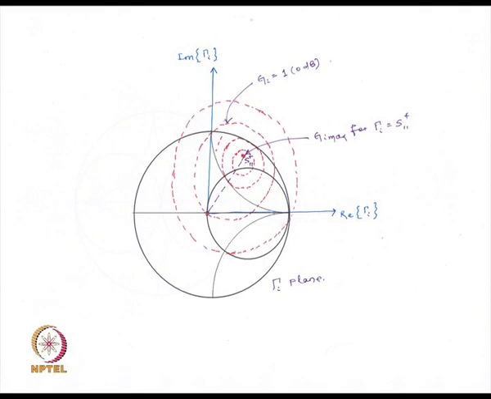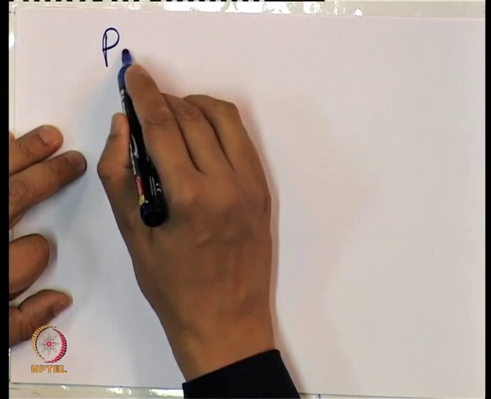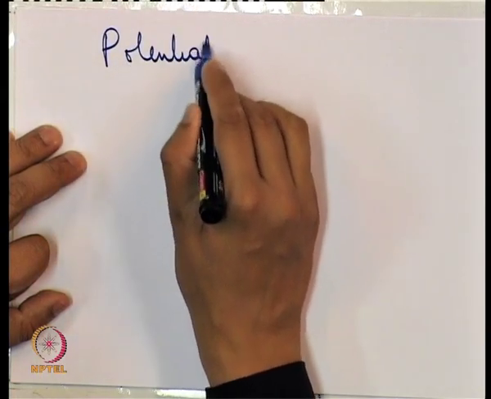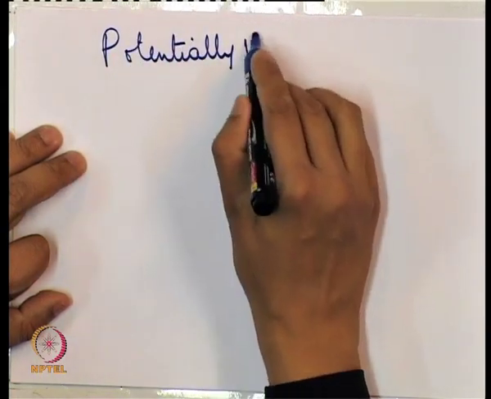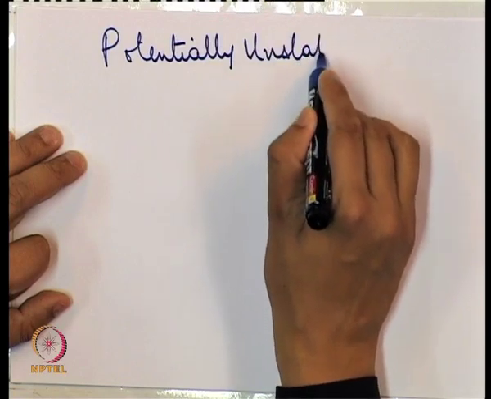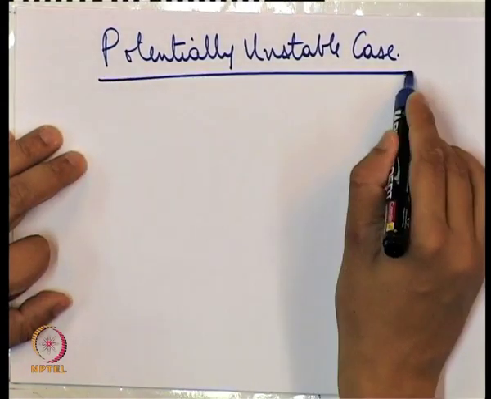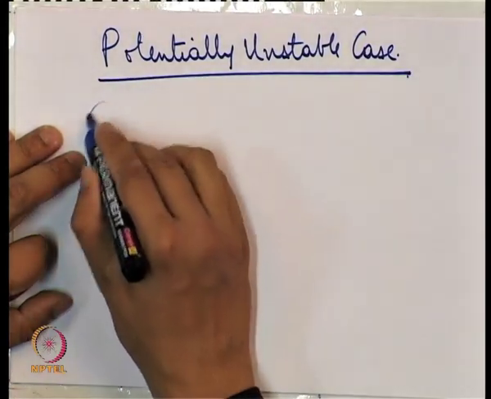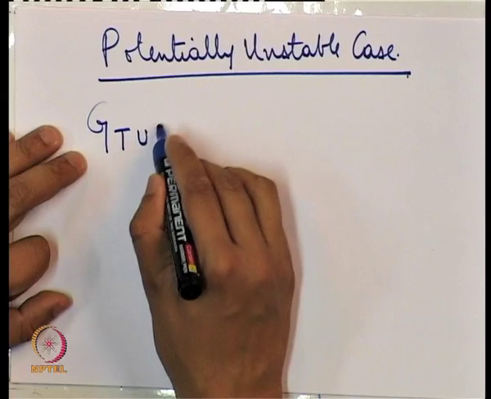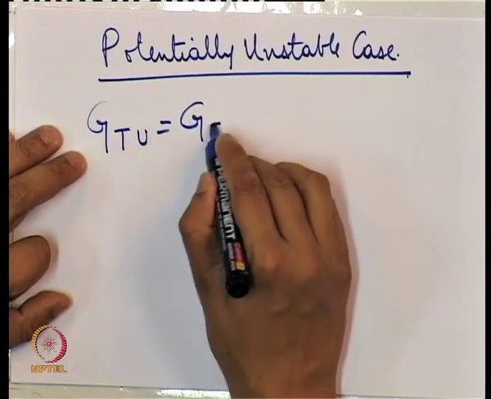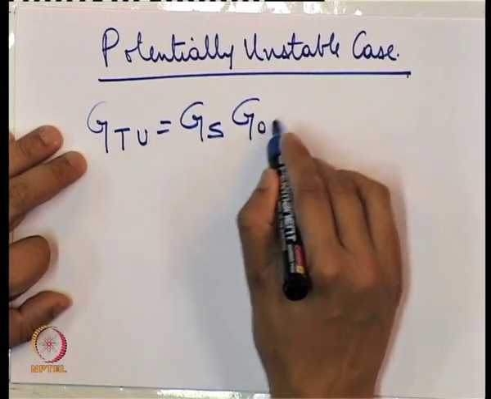Now, what we had so far discussed is for the unconditionally stable case. Now, what happens when we have a potentially unstable case? In this case, the GTU will continue to be written by this formula.